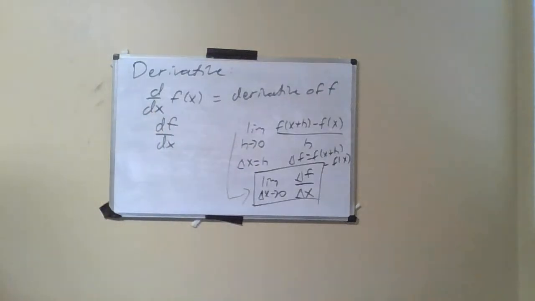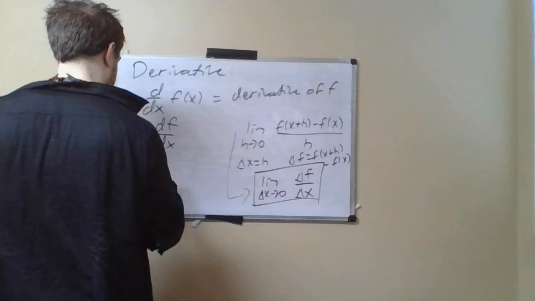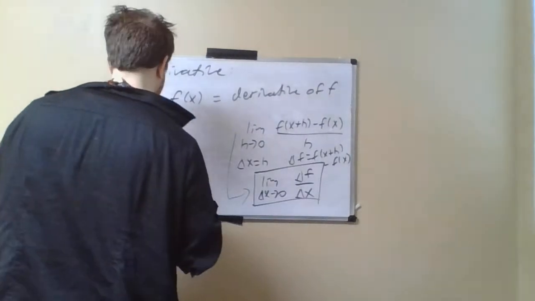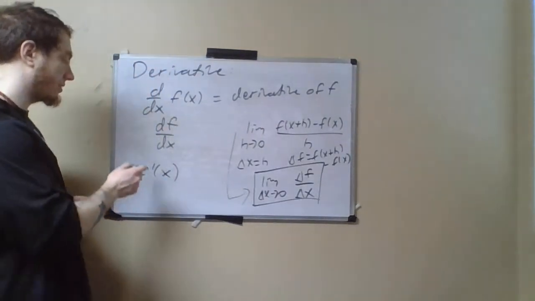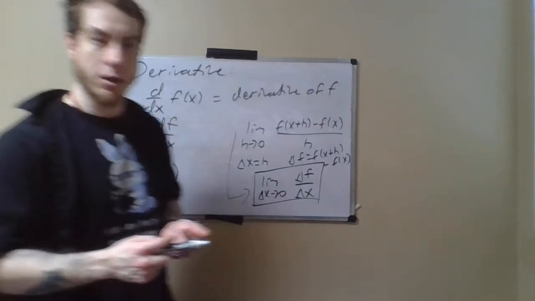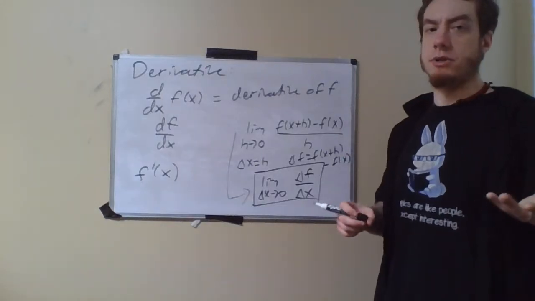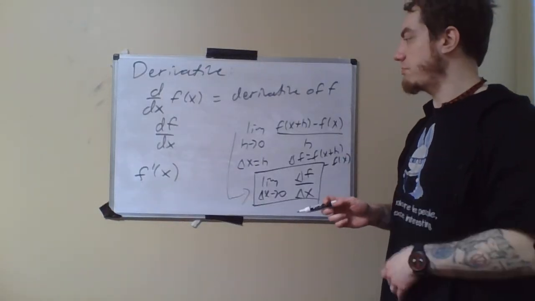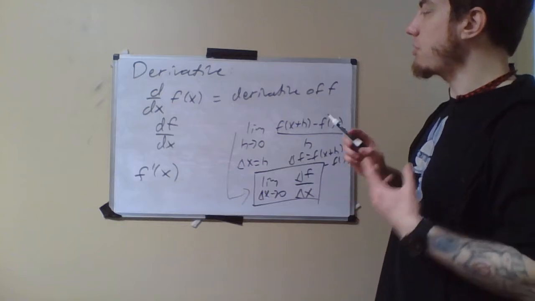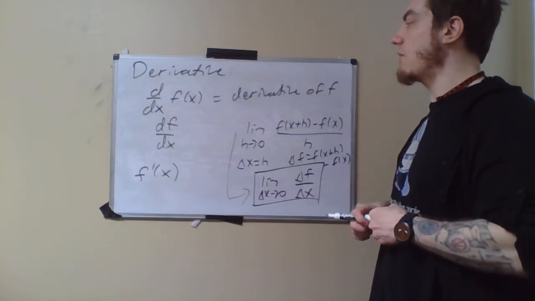The other notation that we have is prime notation. And so we just write f prime of x. The prime symbol honestly just looks like a little apostrophe. In fact, if you're writing this out with text, you just use a little apostrophe, generally speaking, for the prime. And we use the prime to indicate that we are taking the derivative of f.